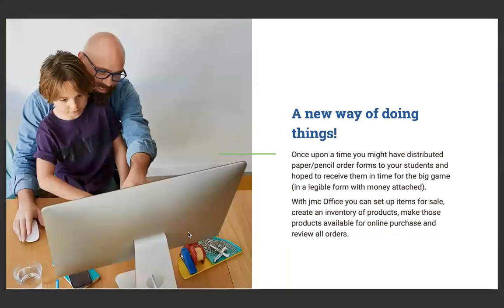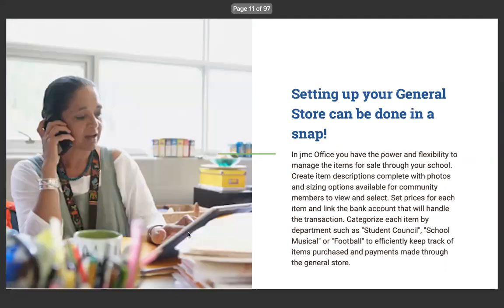Once upon a time, you might have distributed paper and pencil order forms to your students and hoped they received them in time for the big game, in a legible form with the money attached, of course. With JMC Office, you can set up items for sale, create an inventory of products, make those products available for online purchase, and then review all orders.